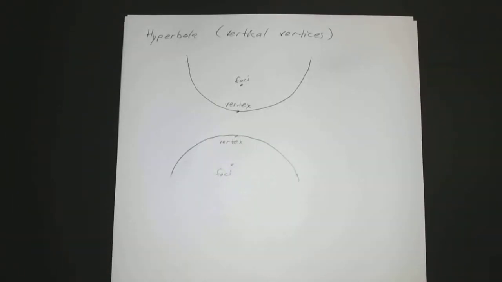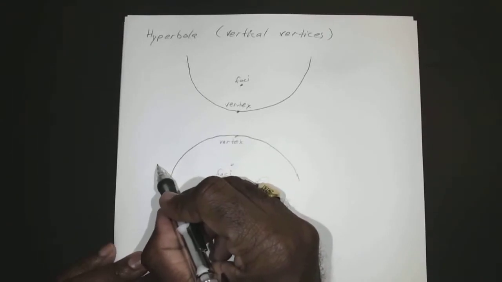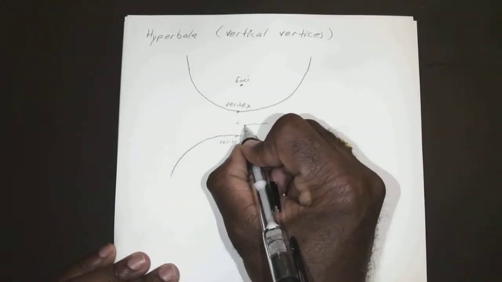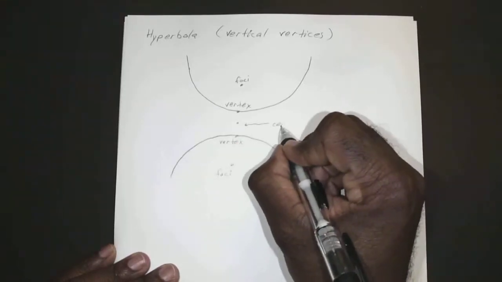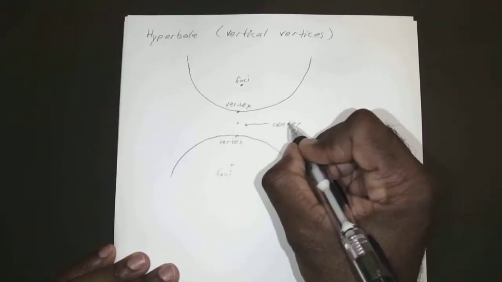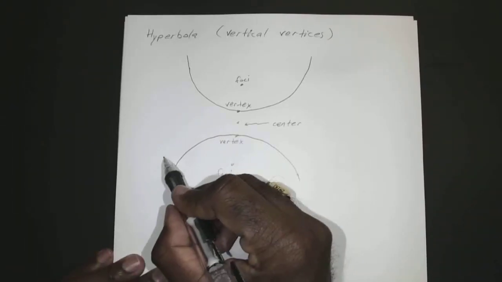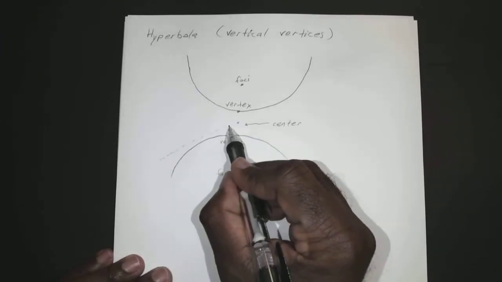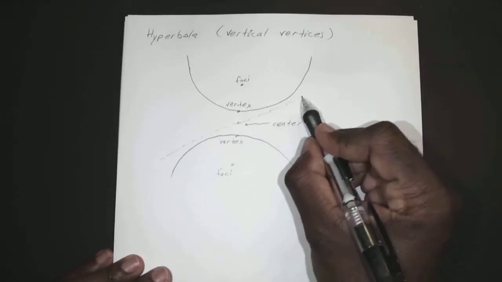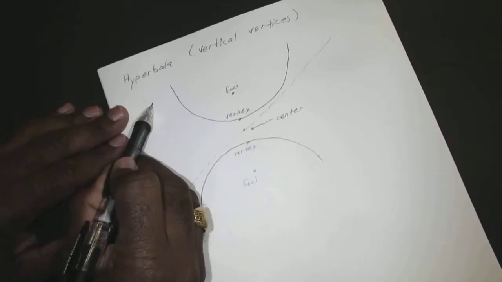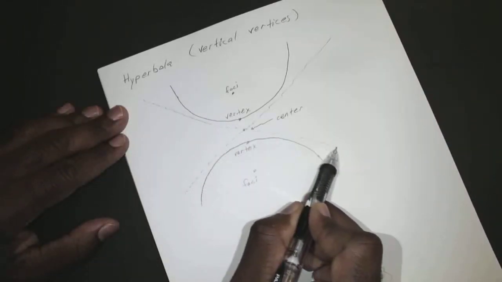Probably should have given that a little more room. But your center is right between the two vertex points. And just like before, your slant asymptote goes through the center in both directions.